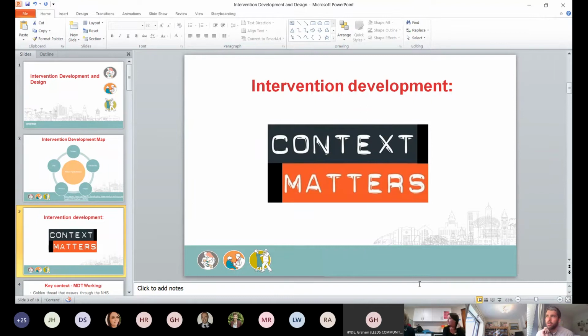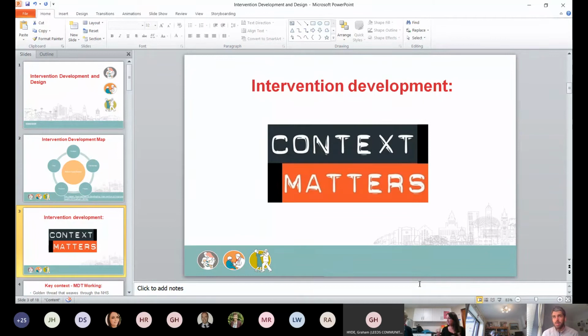There's a lot of continuing and emerging research around designing and developing interventions, and the rationale for those interventions may be really strong, robust, and evidence-based, but how that intervention is delivered, not just how, but where and when it is delivered, the context around that is massively key.